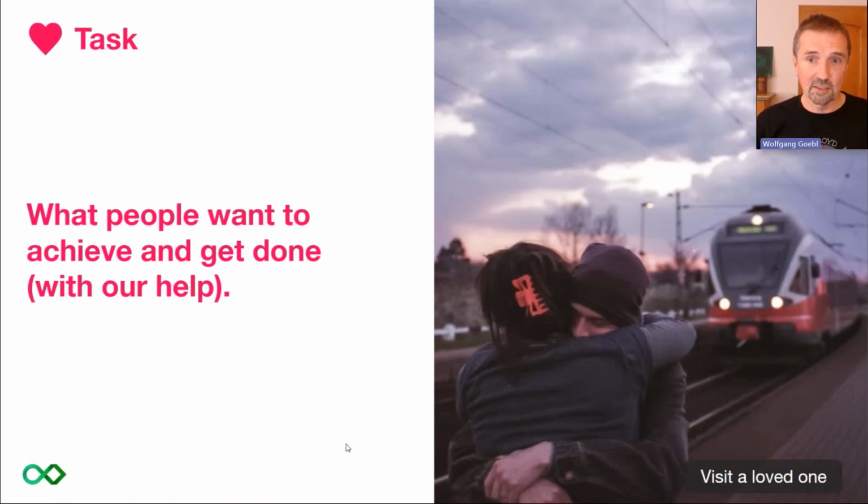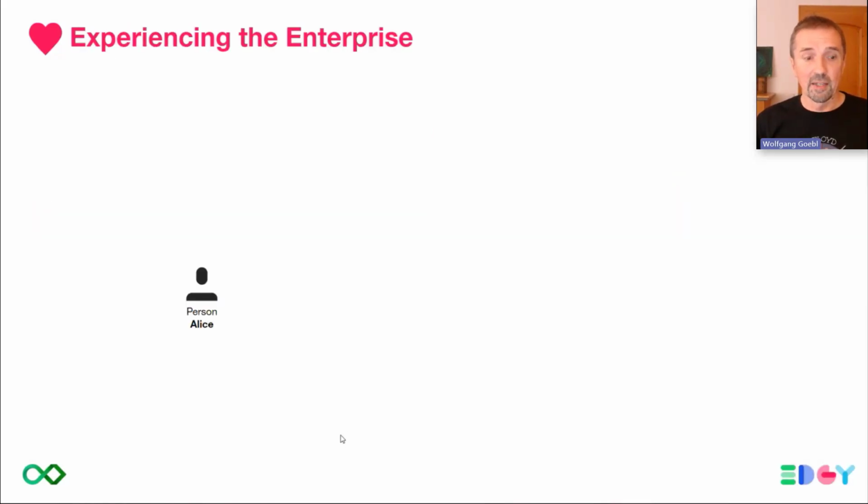So task is very much about the customer perspective. What do people want to get done? And that's a simple EDGY diagram that shows the power and the interdisciplinarity, the simplicity, if you want. And that's the way to nudge maybe and to connect design disciplines across those facets.